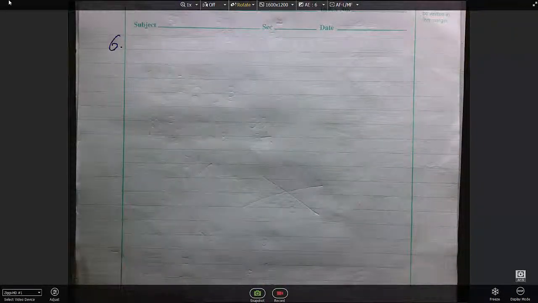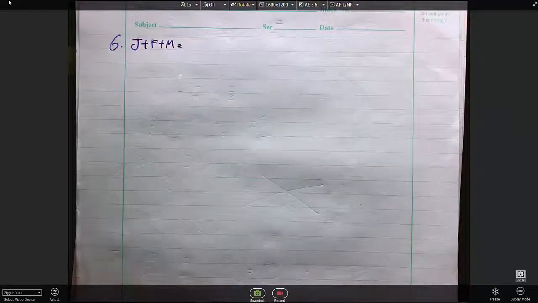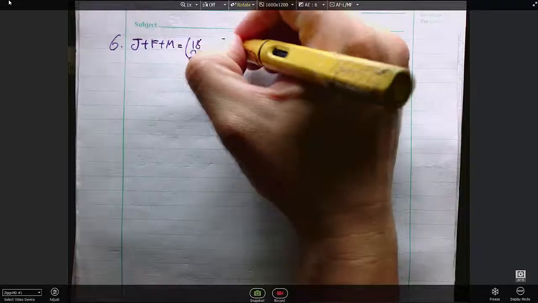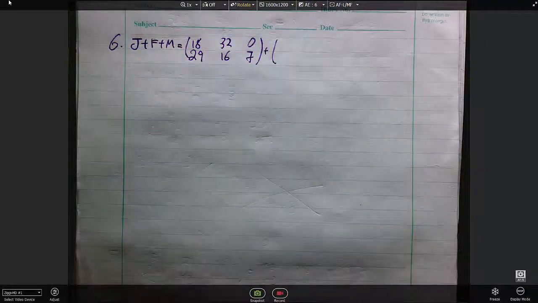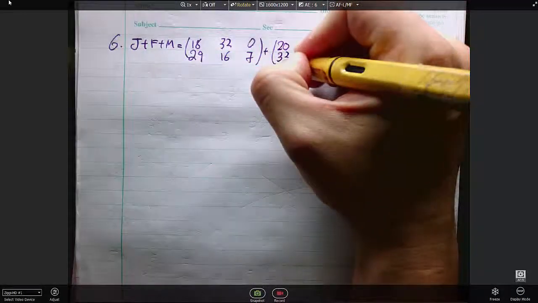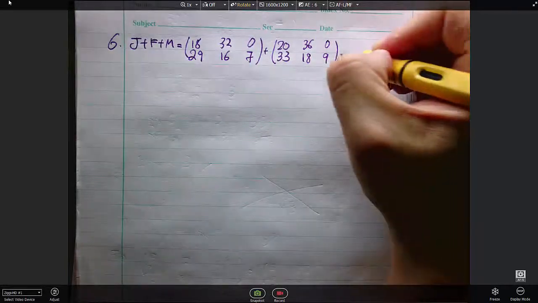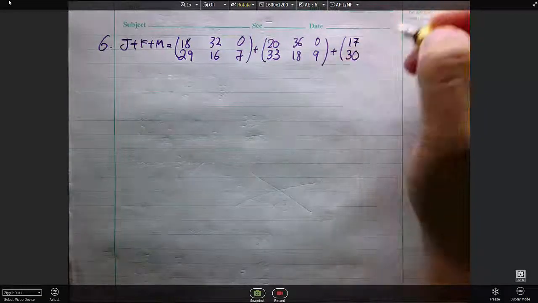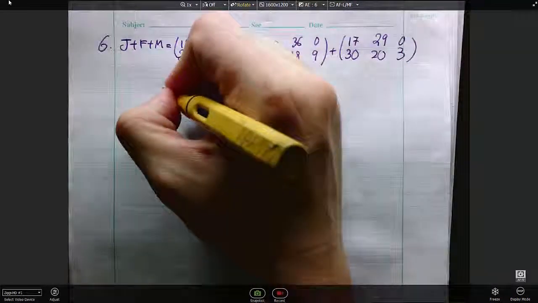Question 6 is this: evaluate J plus F plus M. So J plus F plus M, we write down, is equal to J, then plus F, February, and my M value, March. You can do it in one shot if you want.